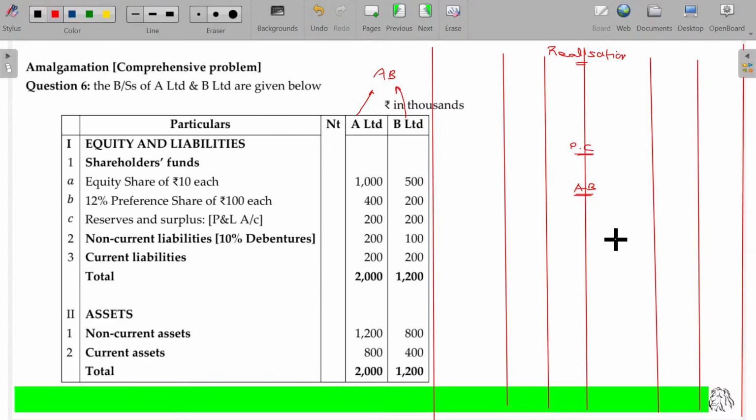Purchase consideration payable by AB is not only in the form of equity shares; it has multiple forms: equity shares, preference shares, some cash, some debentures, all offered to equity shareholders. And we have the preference shareholders also, so it's better to open one more account called preference shareholders account. Post the items available in the balance sheet to the concerned ledgers so that it will be closed.